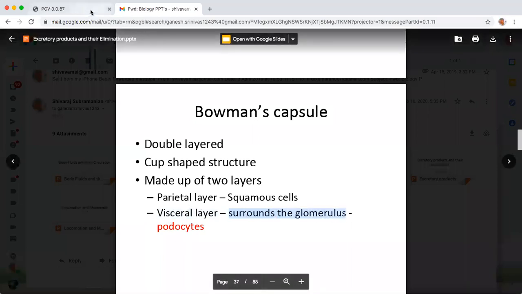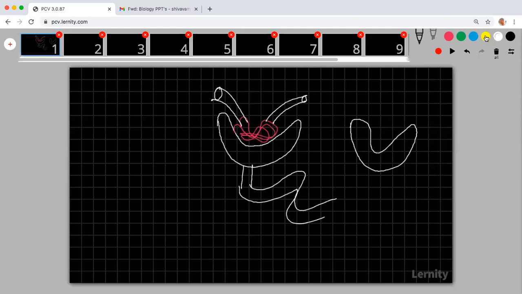Okay. So basically this part is the visceral, and then you have one more part down, which is the parietal. Two layers are making this structure.